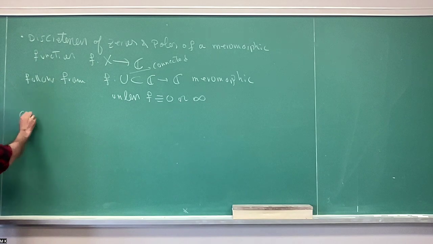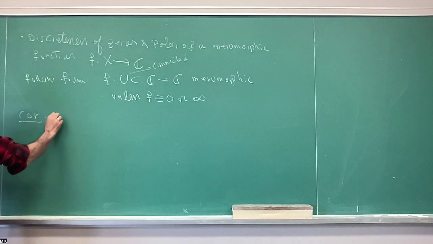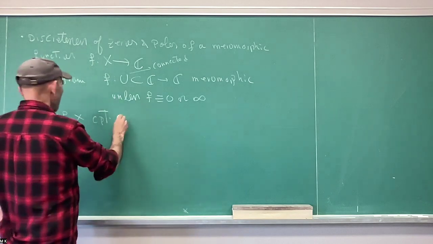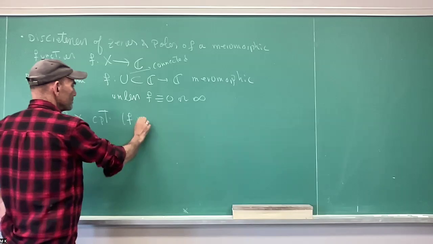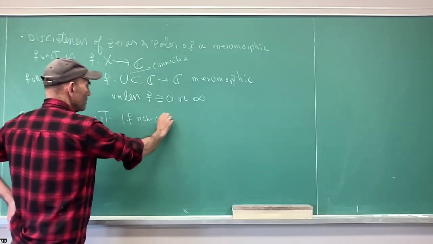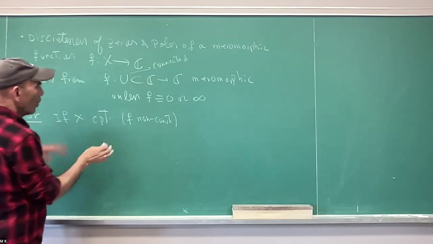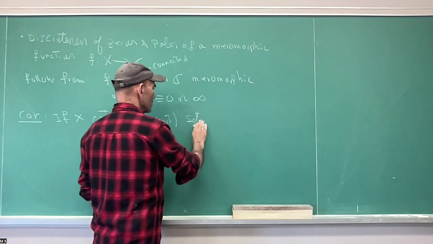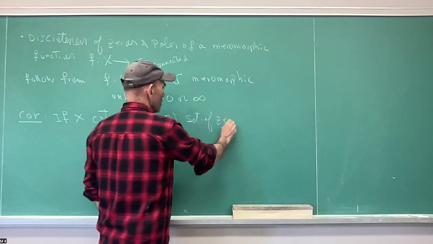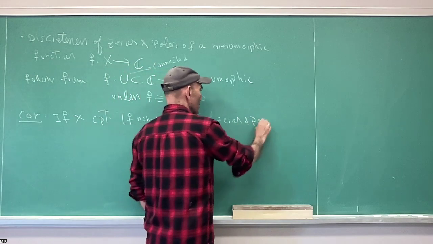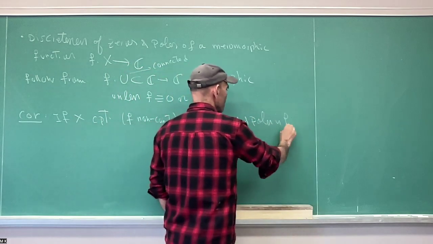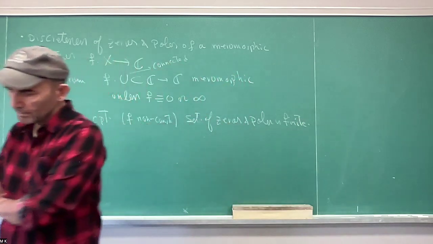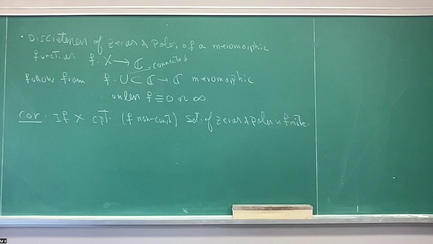The corollary is that if X is compact, then for a non-constant f, the set of zeros and poles is a finite set. This is the discreteness.